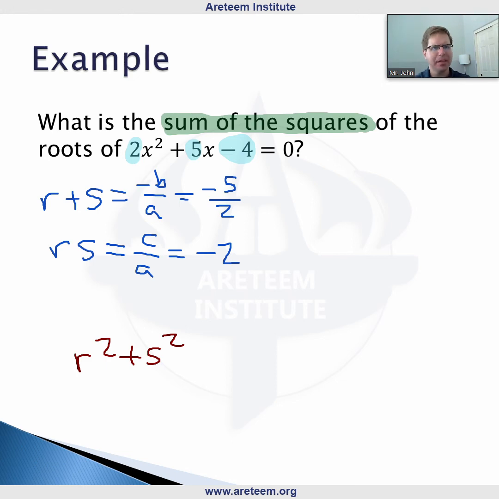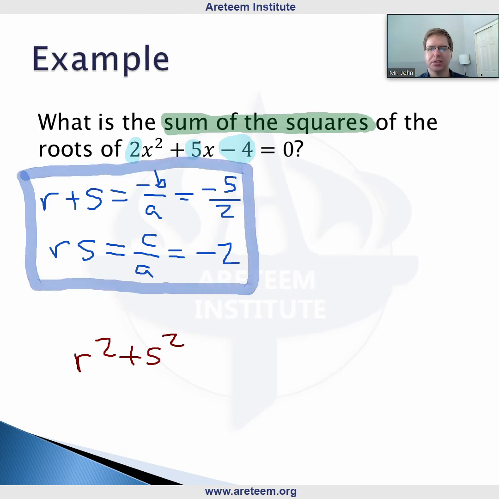Now, you might be thinking here, how does this help us out? How does this work for finding r squared plus s squared? Well, if we look at some squares, for example here, what happens if we calculate r plus s squared. Let me box our Vieta's formulas here.